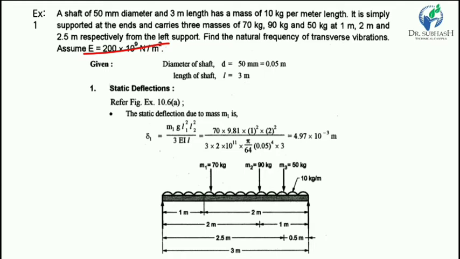Generally almost all examples are solved with the Dunkerley method, because it is very easy and simple to use. So this example is solved with the Dunkerley method.